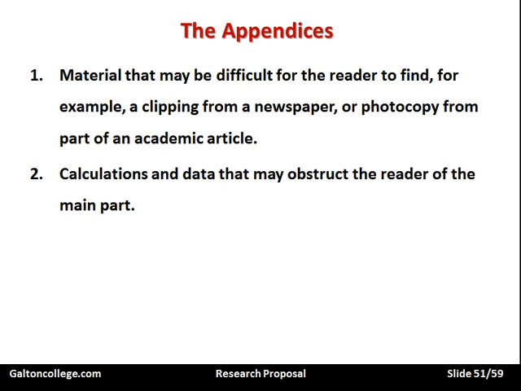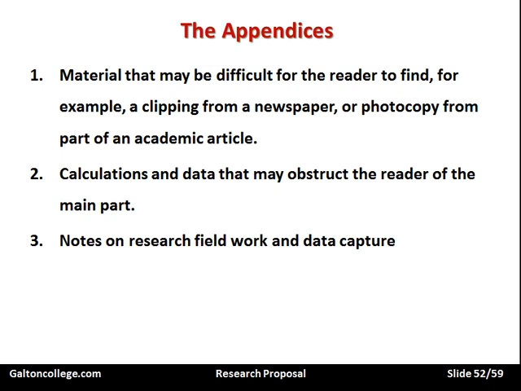Any calculations of data, put these into the appendices as well. They're not needed in the main report, just report the findings of the calculations and make a note in the main part of the work to say that a full calculation is in Appendix 14b or whatever. Just refer it on to whichever appendix the calculation is in.